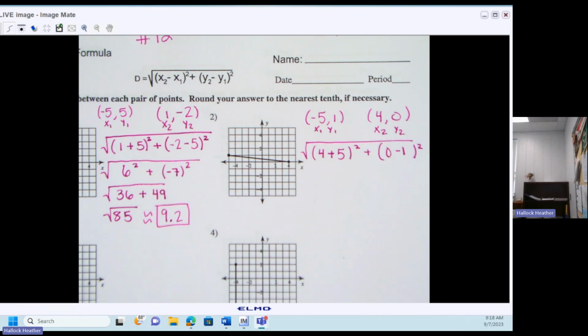So check to see if the first step is correct, and then now try condensing. Simplify your parentheses.